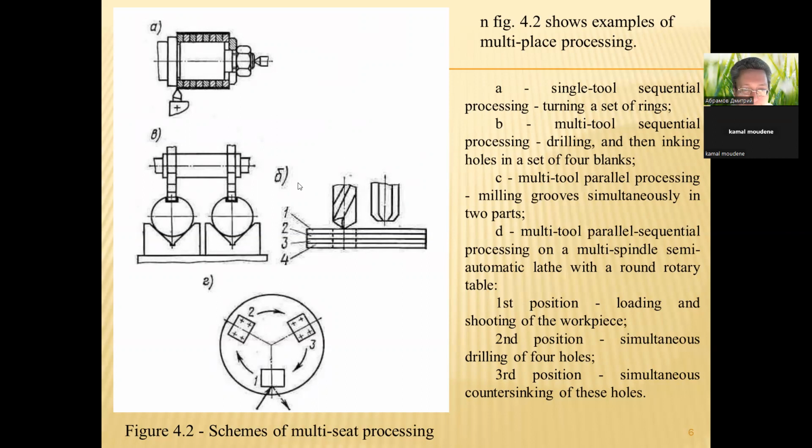B. Tool number 1 and tool number 2. And what do we have? We have part number 1, number 2, number 3, number 4 in a set. And we use the first tool and then the second tool.